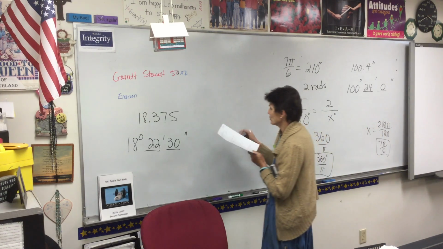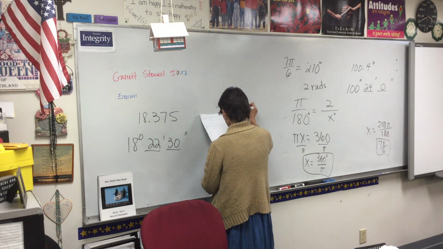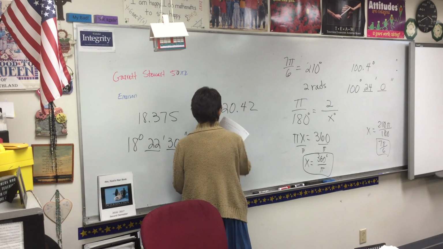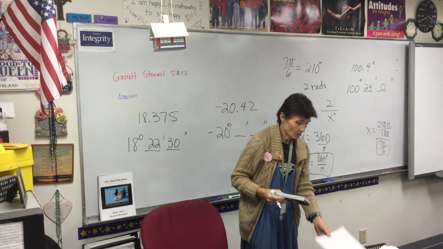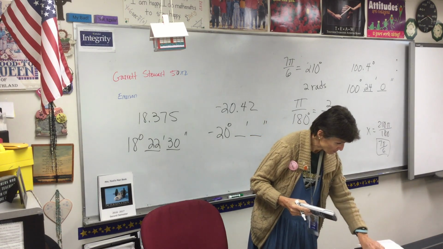Negative 20.42. Don't let the negative bother you. It just means you're going to have a negative 20 degrees, some minutes and some seconds. No confusion there. It just means it's going to be negative.